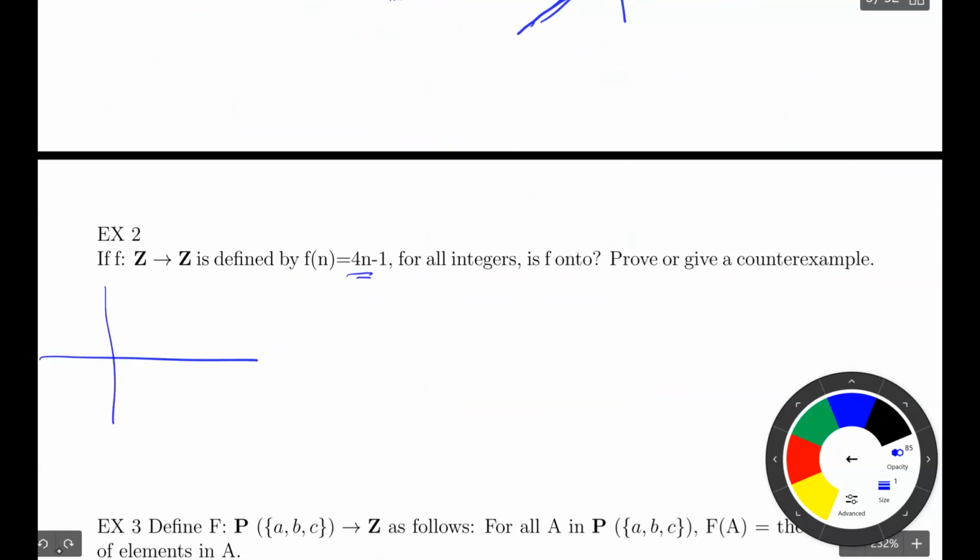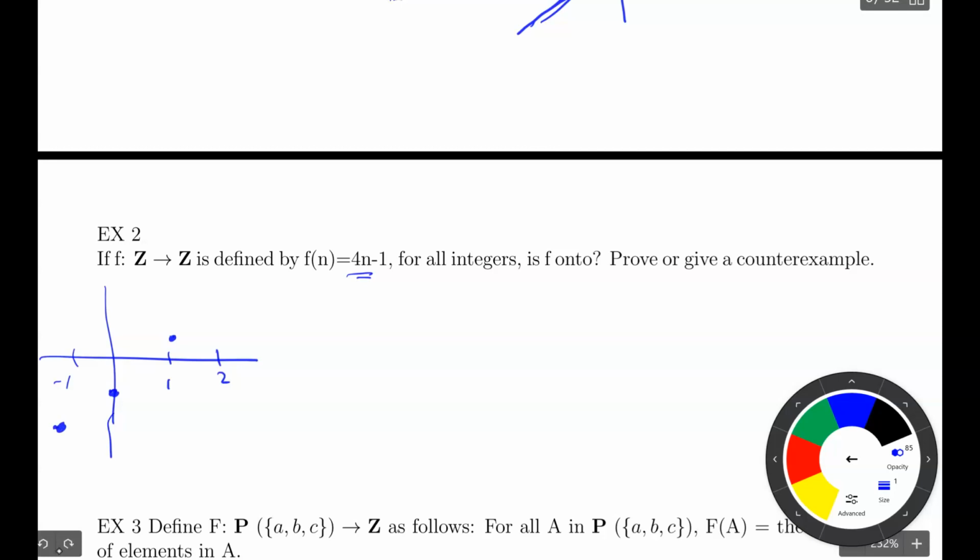So what does a picture of integers look like? When I plug in 0, I get -1. When I plug in 1, I get 4 minus 1, which is 3. So look at that, I've got dots, since it's just integers, and I'd have numbers back here too. So for -1 I get -4 minus 1, so I get down here at -5. But look at this, I just have this.